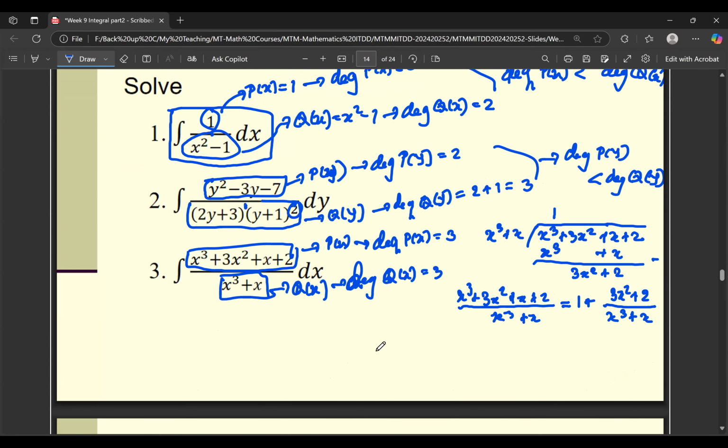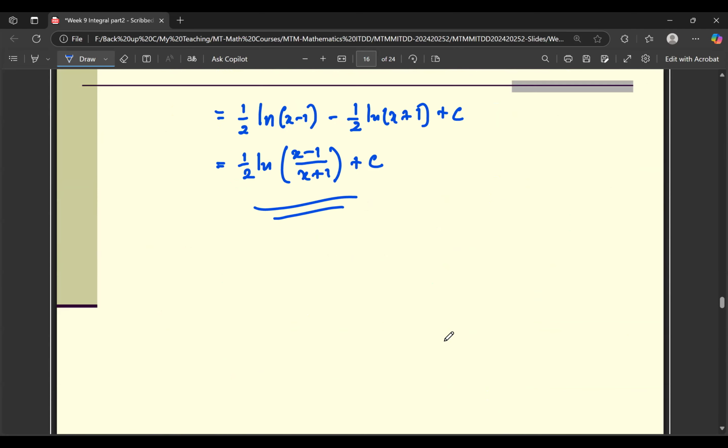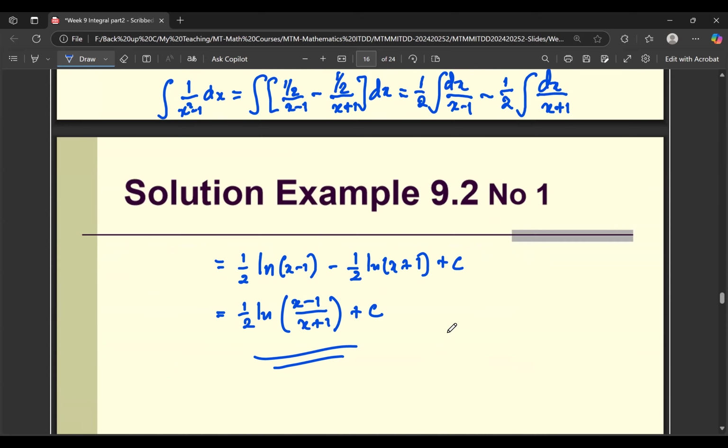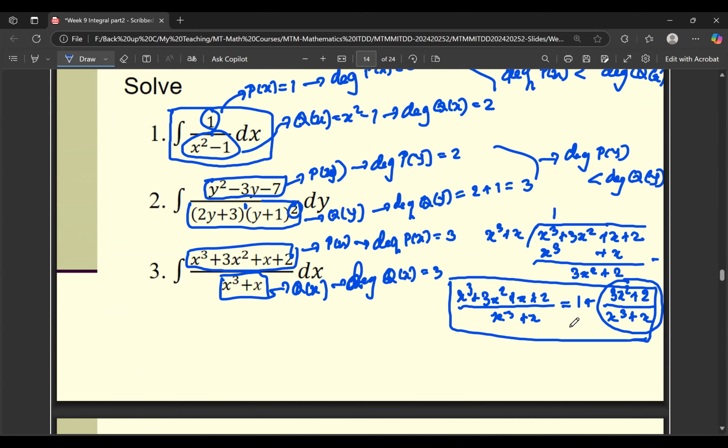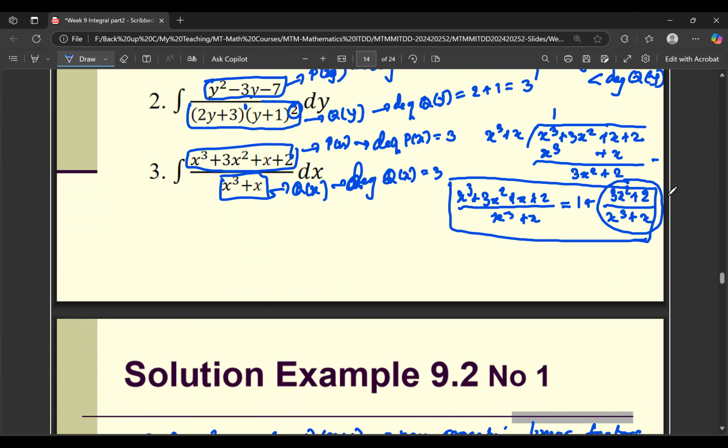As we know from the previous, this is our last division, and now we focus on this equation to get the integral, because the first component is easier than the second. So we focus on the second component.